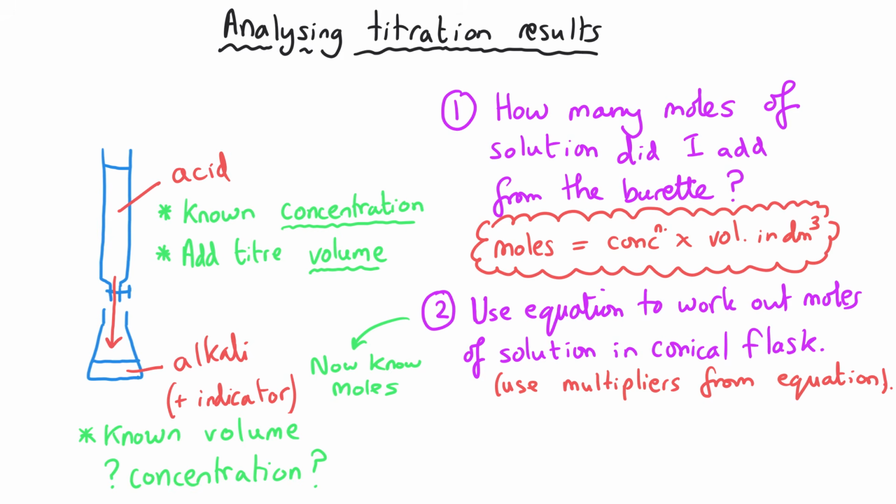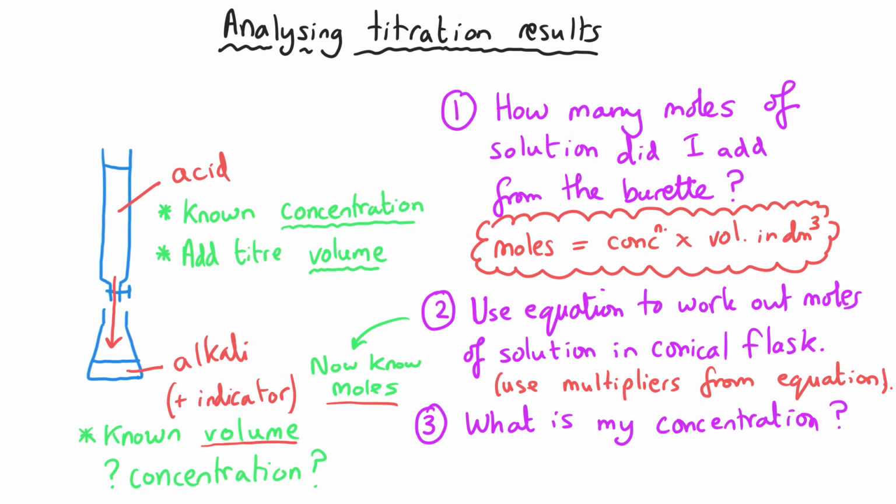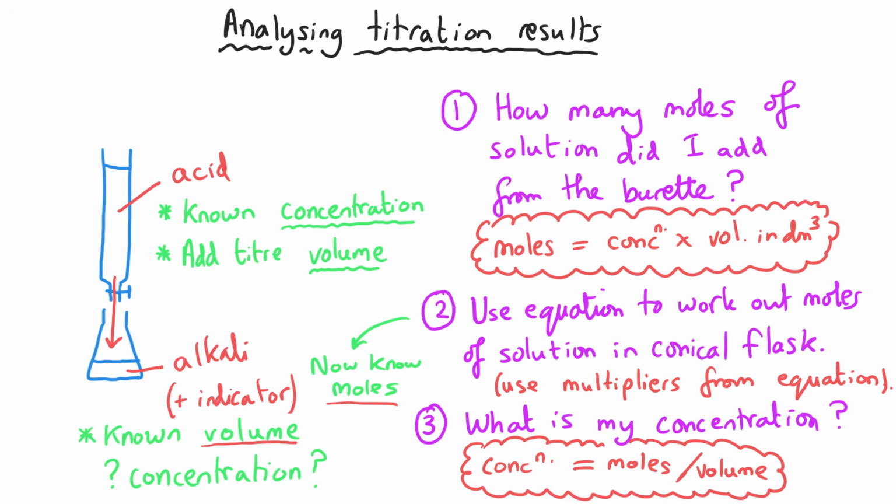And the third and final step is, well, I know what volume of solution I put in my conical flask. I now know what moles I've got of that alkali. And so the final step is, what is my unknown concentration? Since concentration is moles divided by volume, that will be our final step in the analysis.